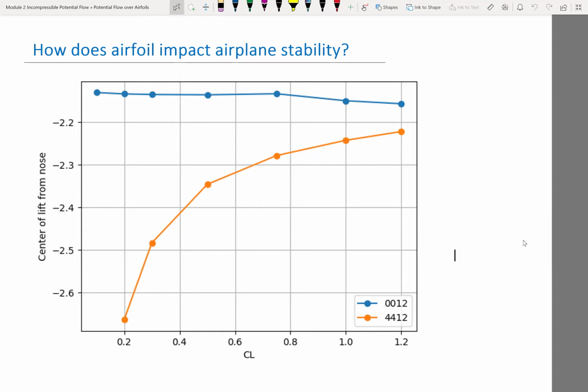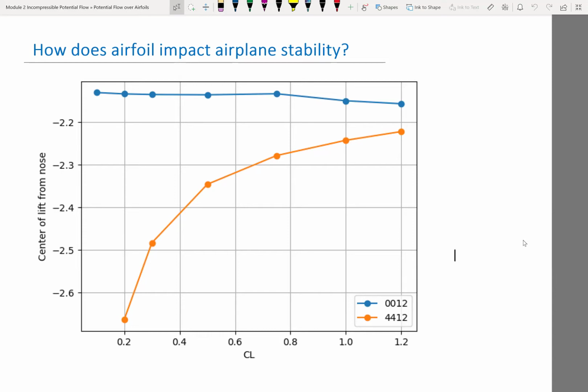So let's imagine the airplane is flying that way, and you just touch your control and make the airplane pitch up a little bit. Now the center of lift, as we're going to see a little later, depends on the angle of attack.